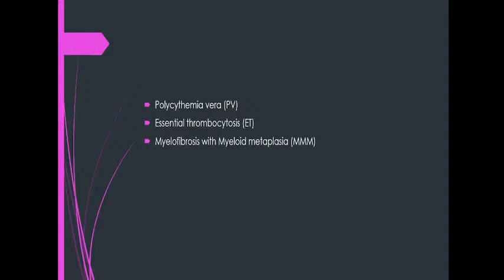Just for your information, refractory anemia is anemia that is not usually corrected with transfusion. Basically, these patients will present as anemic, somewhere around 6 or 7 grams per deciliter of hemoglobin. With transfusion, supposedly, these patients will have an increase in their hemoglobin levels.